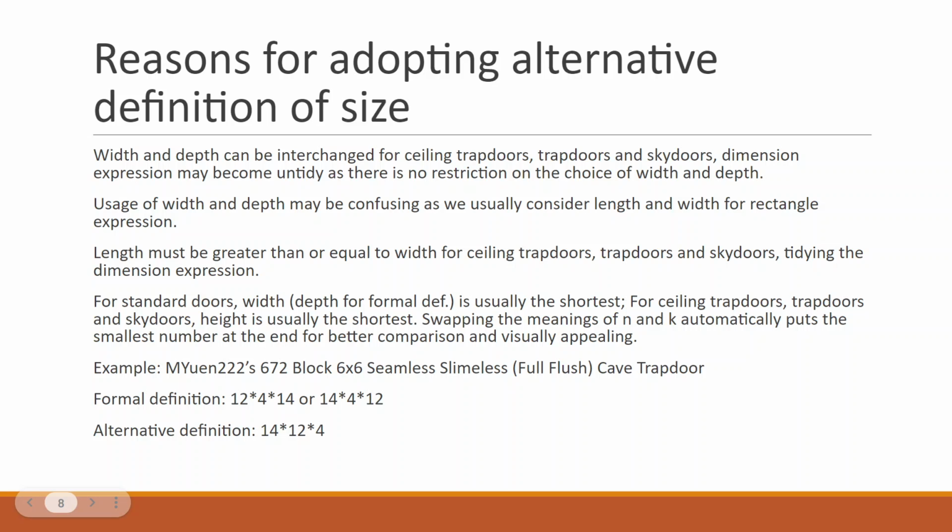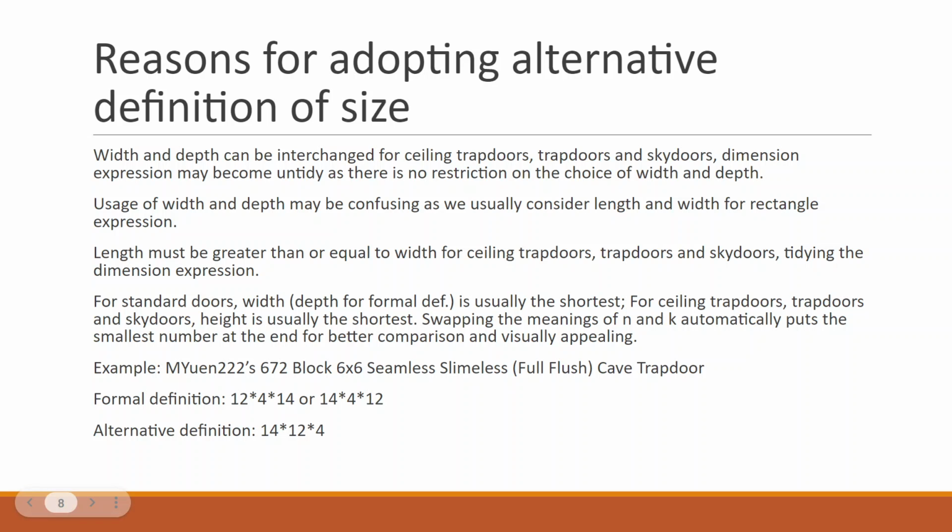This is the 672 block 6x6 seamless, slimeless, full flush cave trapdoor. If we use the formal definition, we will write this as 12 by 4 by 14 or 14 by 4 by 12. Now, you can see why we write it like this, because we can choose width and depth interchangeably. So I can choose 12 as the width and 14 as the depth, or I can choose 14 as the width and 12 as the depth.